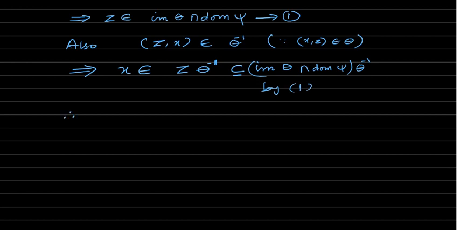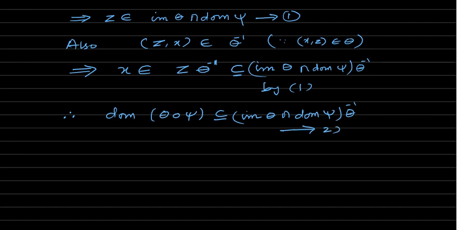So therefore domain of theta composition psi is contained in image of theta intersection domain of psi, then theta inverse. This gives us one side of the inclusion; call this 2.